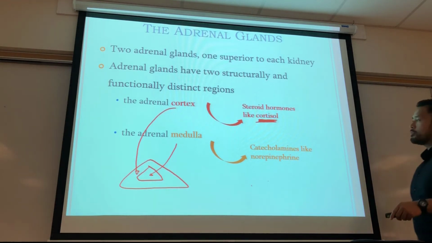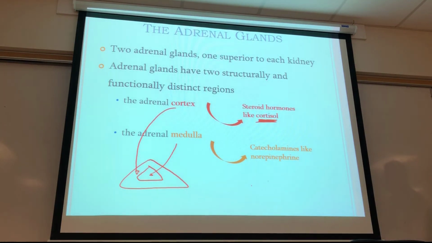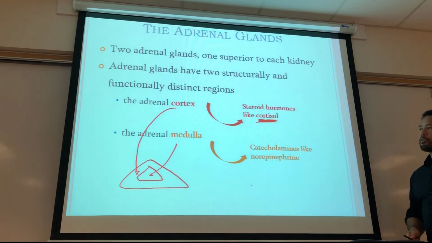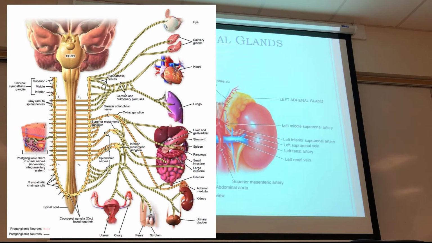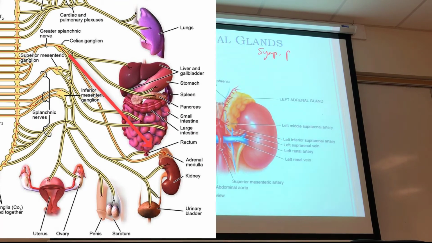The inside, the adrenal medulla, again, this is an extension of our autonomic nervous system. When we talked about the sympathetic pathways, which I'll show you on the next slide over, we have sympathetic preganglion neurons that will come in and target, they'll bypass the sympathetic trunk ganglion, and they will travel to the adrenal medulla.